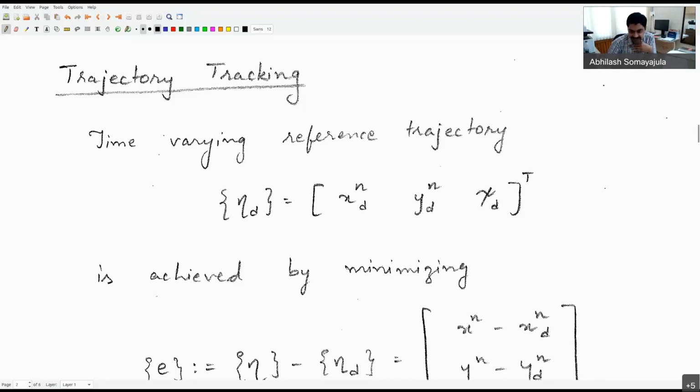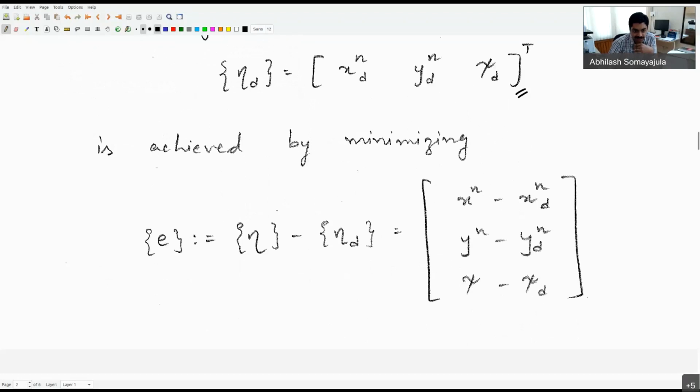And we want to achieve this path, which means that I want to take the error between the actual value of my position minus the desired value of my position, and I want to drive this error to 0. As long as I can ensure that that error goes to 0, I can say that I'm following my desired path.